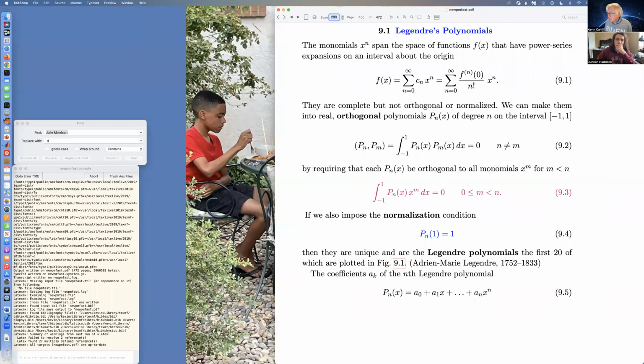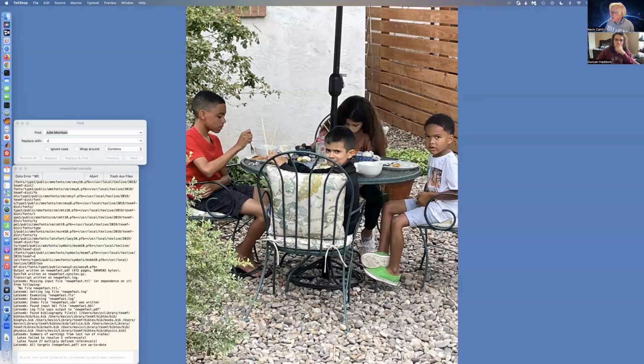Okay, so I've got the wrong screen up then.